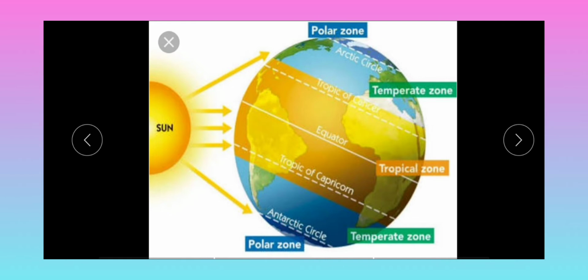That is called the frigid zone. And here, between the Arctic Circle and the Tropic of Cancer, that is called the temperate zone, which has a moderate temperature. Here, the area between the Tropic of Capricorn and the Arctic Circle, nearer the equator, is called the tropical zone, and that has too much heat. Okay, I hope you can understand.